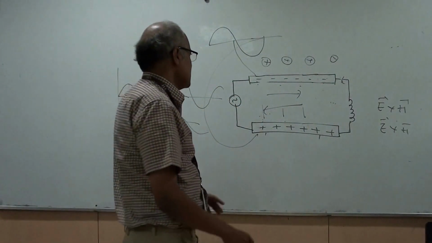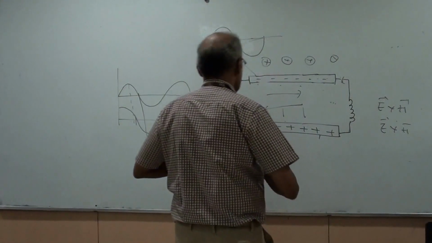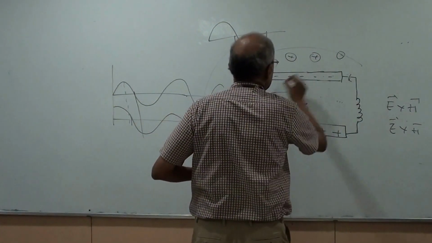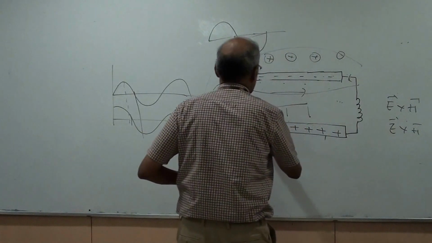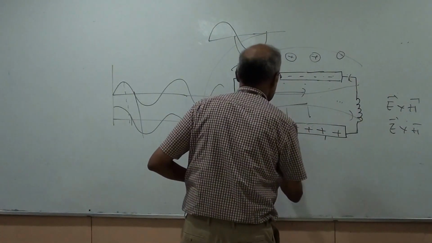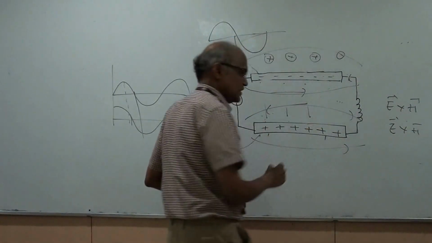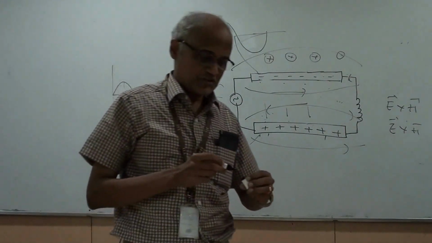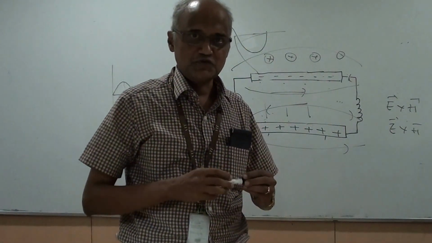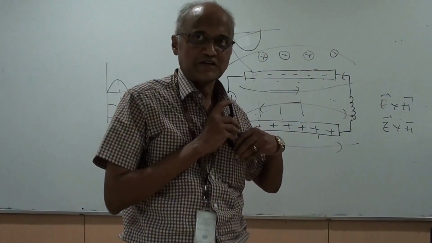So you can see that the power flow is all through the area around the conductors, not necessarily through the conductor. This is a common misconception which people have before they do a course on electromagnetic theory.